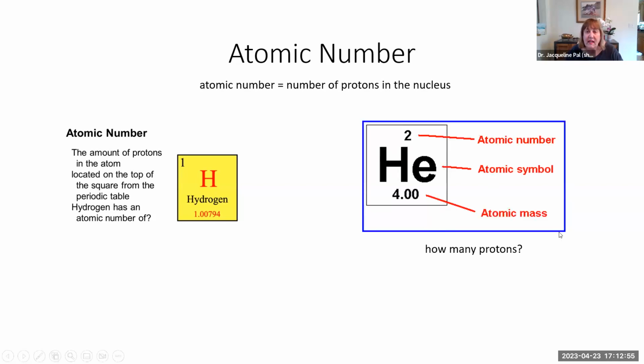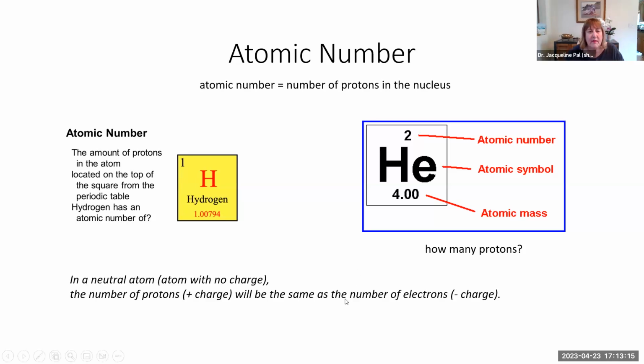As opposed to helium, which is on the far right of the first row of the periodic table, its atomic number is 2. So how many protons does it have? That's right, it has 2 protons. Okay.